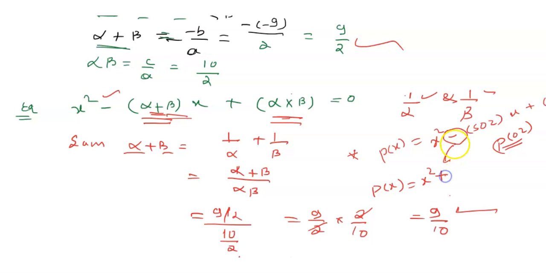Please, kindly, I request you to change that. It is not like this. This is the right one. The right formula is p of x is equal to x square minus sum of zeros times x plus product of zeros. Here what we committed as a mistake in this video is that instead of minus we accidentally took plus.